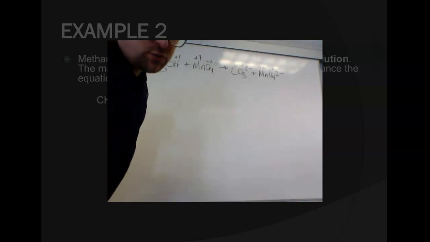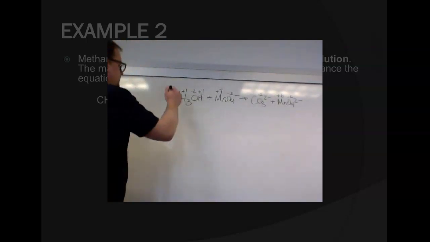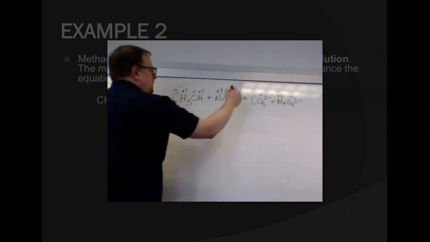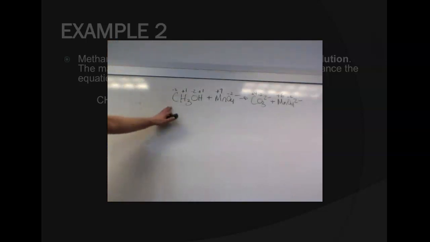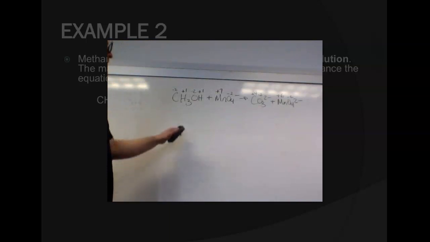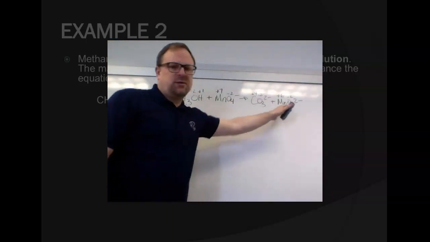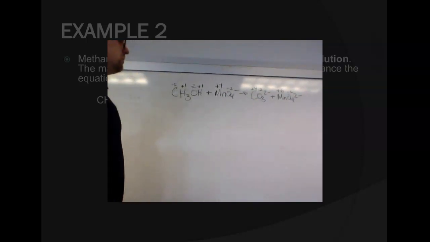Alrighty, and so we'll fill in the last pieces here too. This one is going from -2 to +4 for that oxidation number. So carbon is changing, getting more positive, meaning it's being oxidized. Manganese is getting more negative, going from +7 to +6, meaning that it is getting reduced.